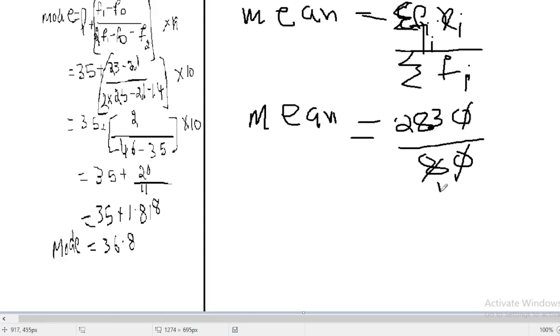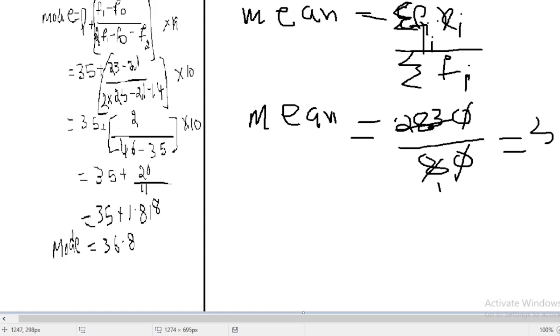Then 8 3 is 24. The remaining 4 and 3 is 43. 8 5 is 40. From 43, 40 gone. Remaining 3.